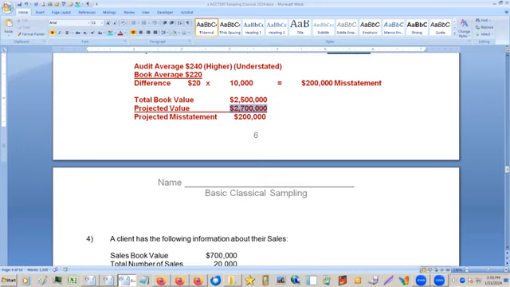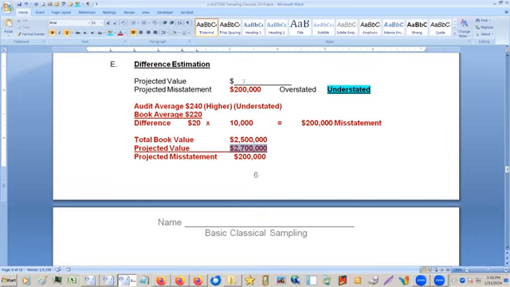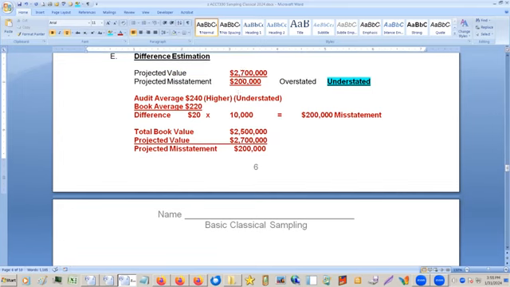If these are going to be overstated, it's going to have to be higher than the book value. I mean, I'm sorry, if it's understated, it'll be understated by the 200,000. I said that wrong. See, I'm getting confused. So our estimate will be $200,000 higher than the book value.